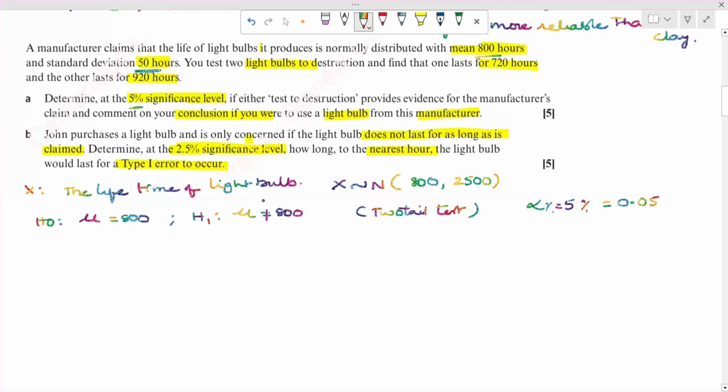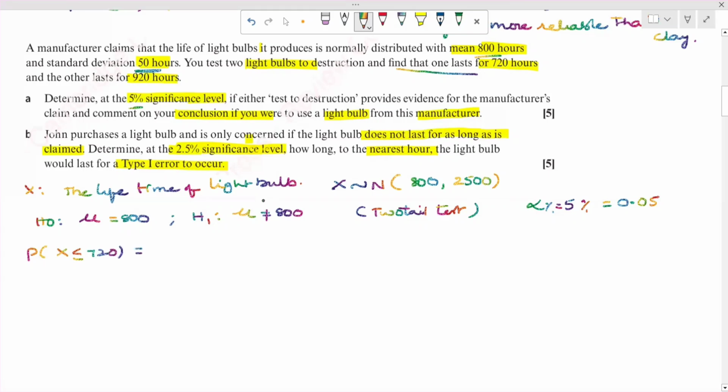Now what they said is to find whether the bulb lasts less than 720 hours and whether it lasts more than 920 hours. First, check the case of lasting less than 720 hours. So P of X is less than or equal to 720.